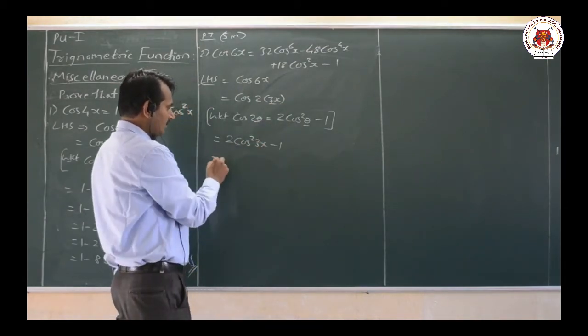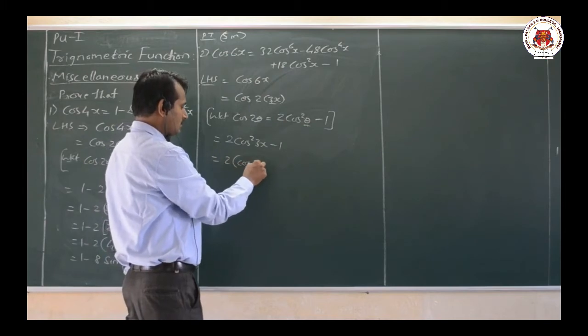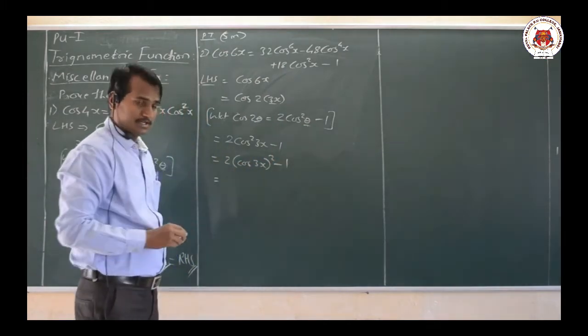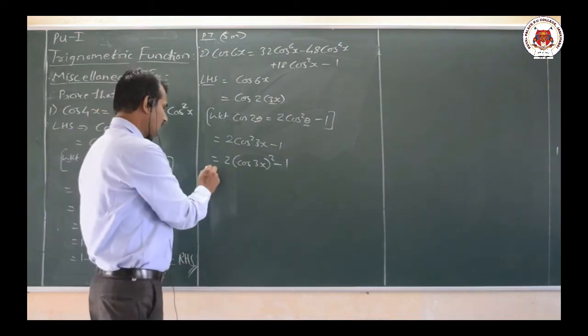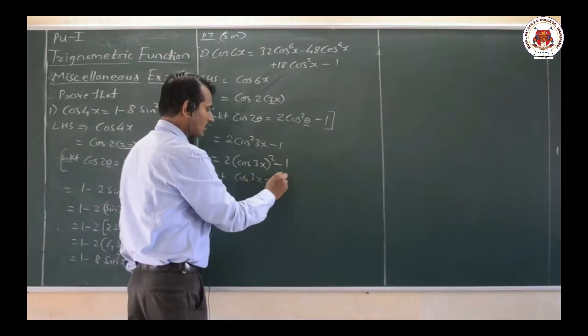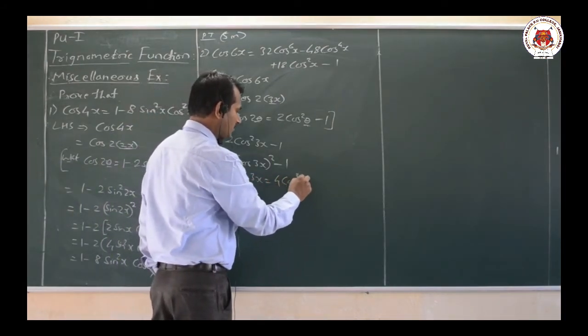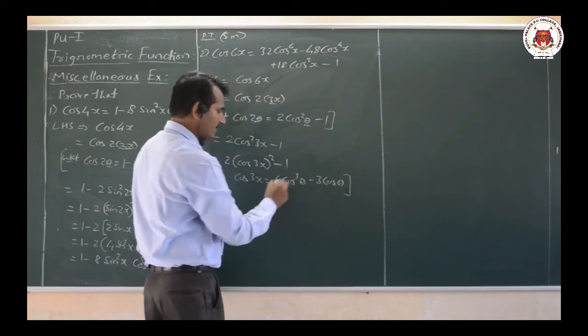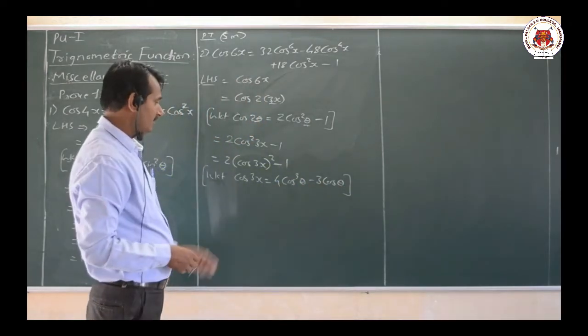Now I will write 2 cos 3x whole square. What is the formula for cos 3x? We know that cos 3x equals 4 cos cube theta minus 3 cos theta. I will make use of this formula.